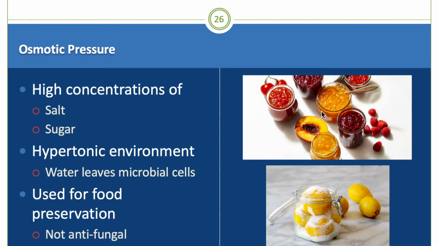So all these jams and very salty preparations that we have, it's not like the bacteria don't have access to them, but when they enter these food preparations, they end up dying because of the system that is set up there. So it's used for food preparation, but you still may have microbes that will enter, especially fungi. So they are not antifungal.